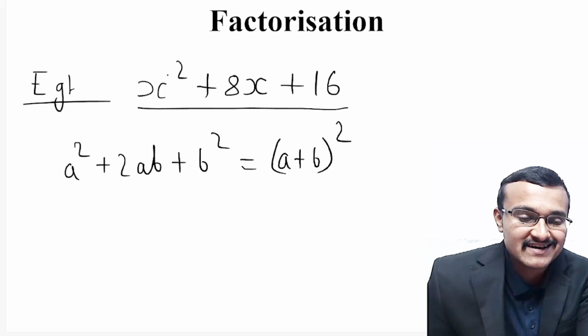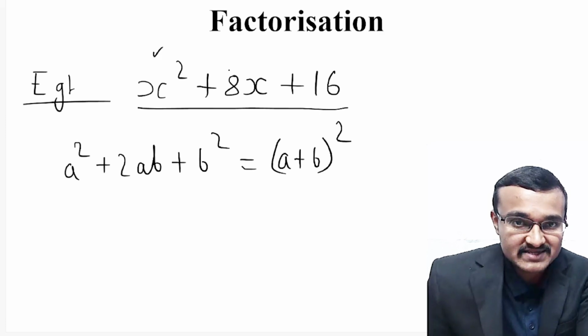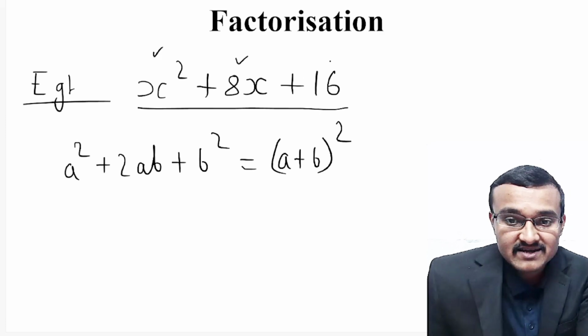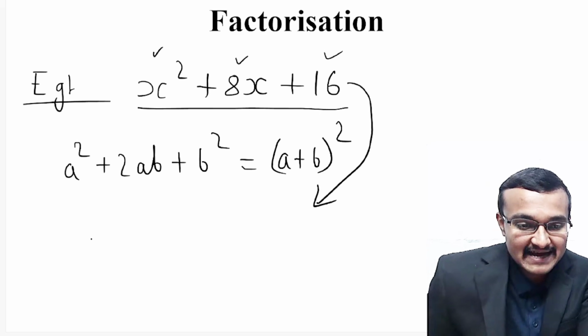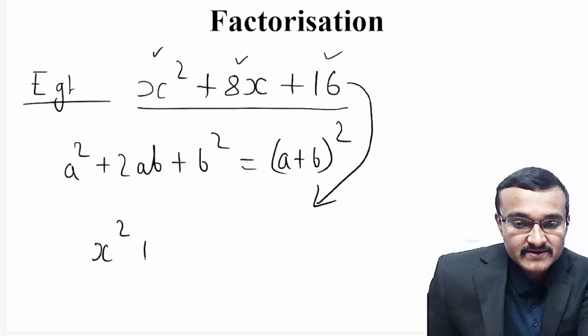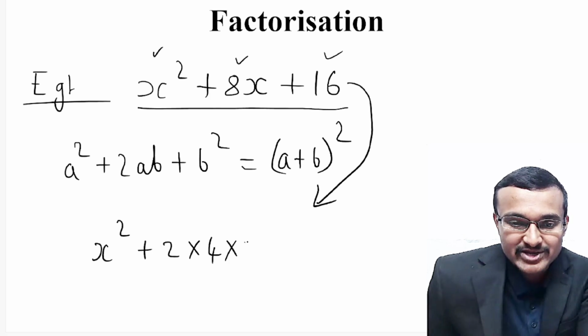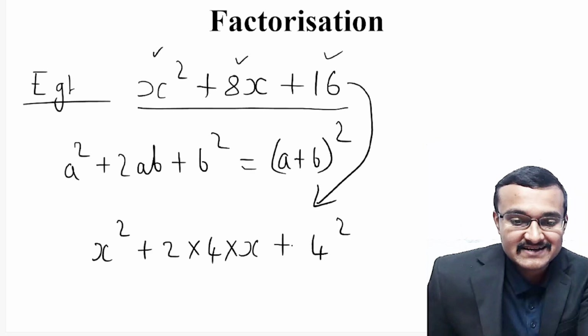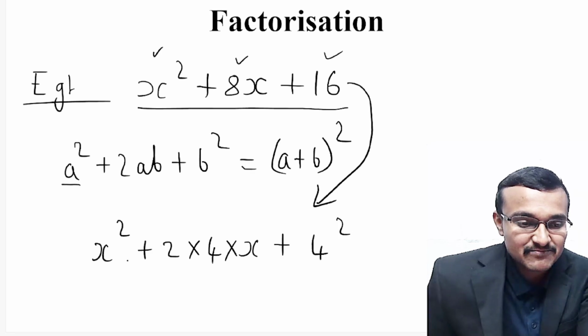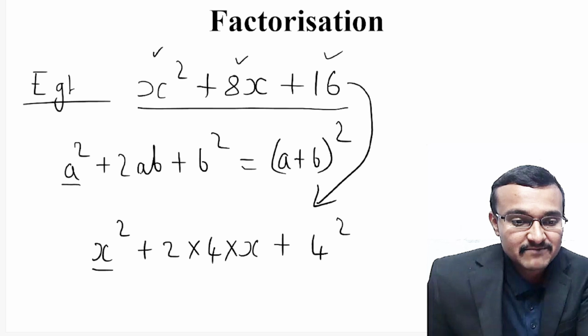So here you can clearly see x square is there, 8x is there, 16 is there. So this particular equation can be written as x square plus 2 into 4 into x plus 16 can be written as 4 square. So here you can see in the place of a you have x, in the place of b you have 4.